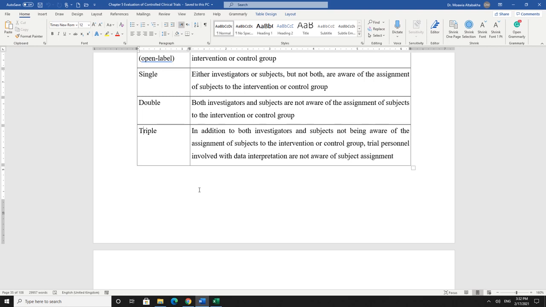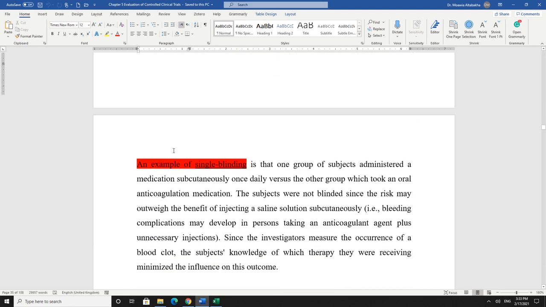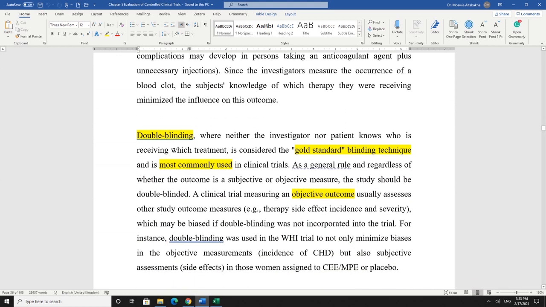Myself as investigator and you as the one who's collecting the data, you are not aware if this subject is taking the placebo or the drug, and also the patient is not aware. So the patient or the subject is not aware, data collecting personnel are not aware, investigators are not aware, so no one is aware of who's taking what. In this case they refer to it as triple blinding.